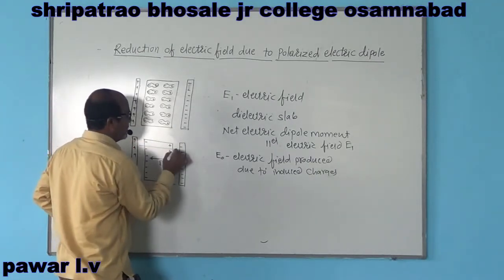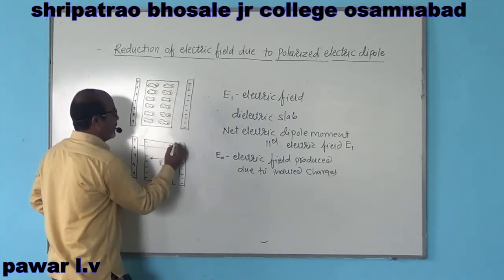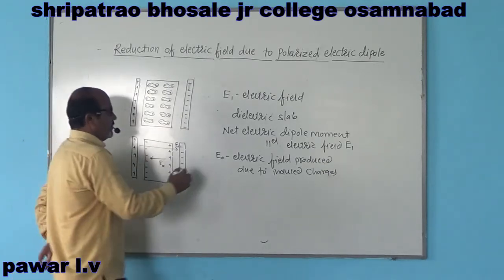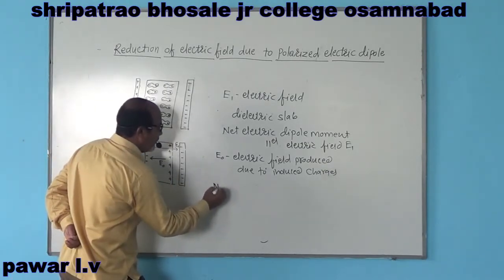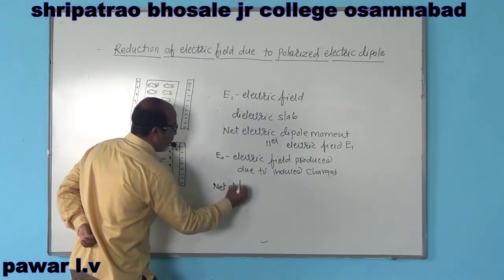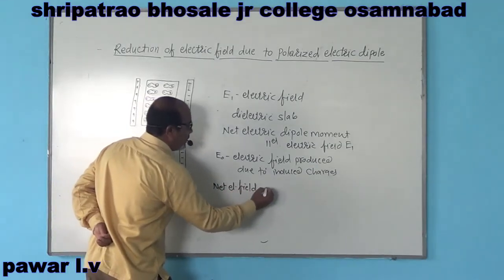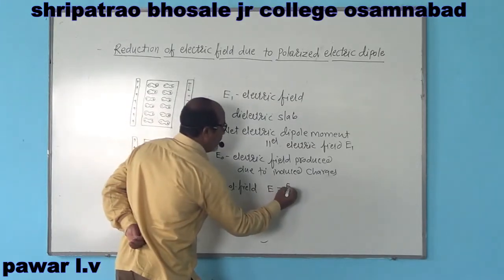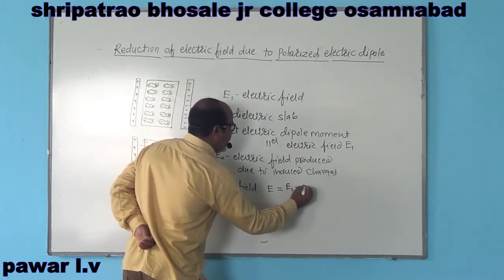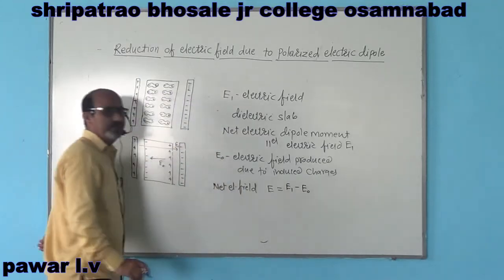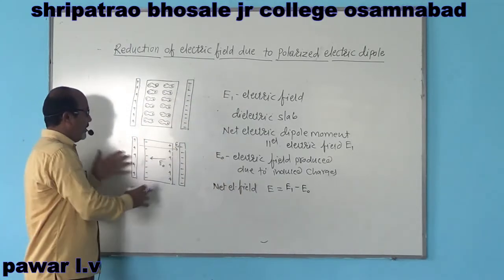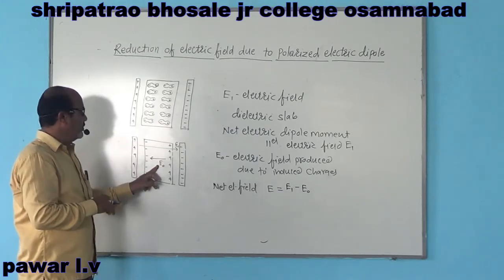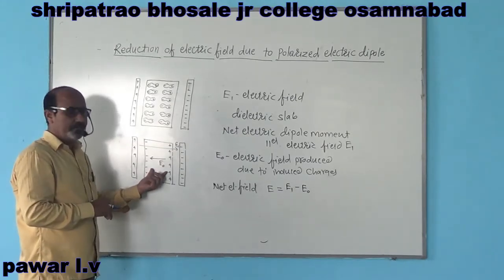Applied field E1 is from left to right. Therefore, net electric field E is equal to E1 minus E0. So, effect of applied field is reduced by electric field produced due to polarized dipole.